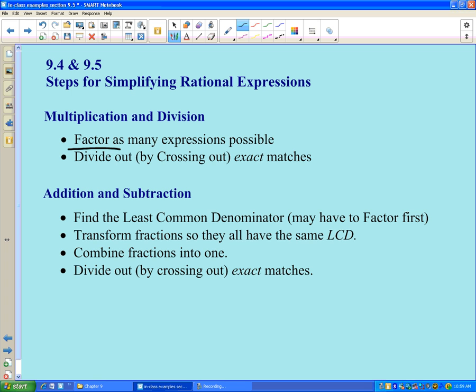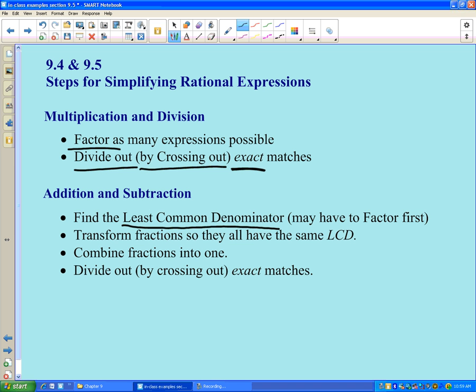Factor as many expressions as possible. Divide out by canceling exact matches. Addition and subtraction: find the least common multiple, i.e. the least common denominator. You may have to factor it out first.